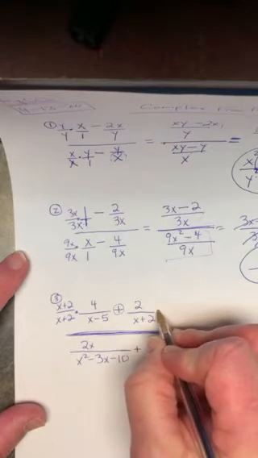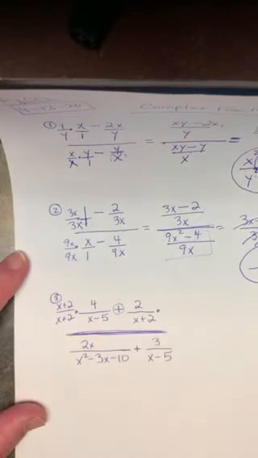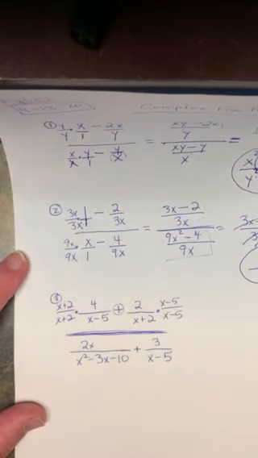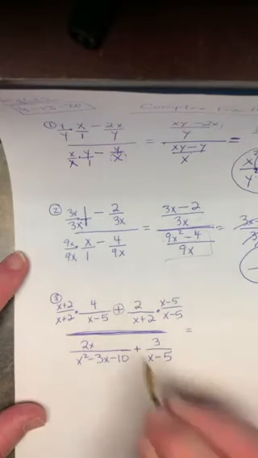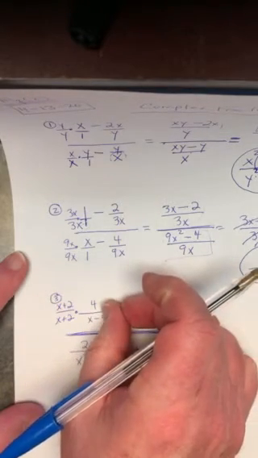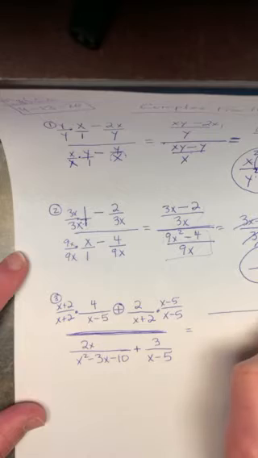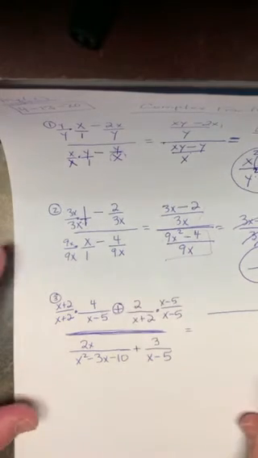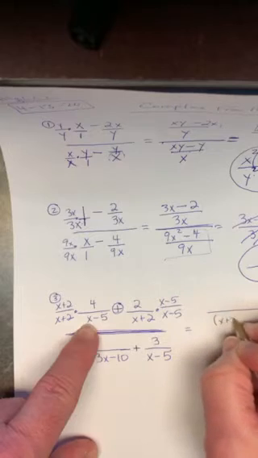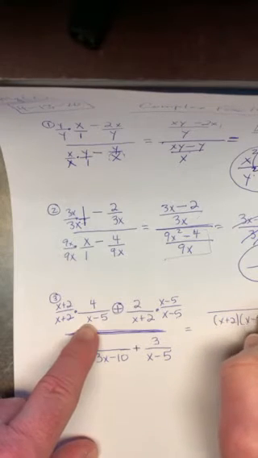And the second fraction I'm going to multiply by the first denominator of x minus 5 over x minus 5. So, when I now add everything together, I'm going to have one fraction whose common denominator, of course, has both of those things, an x plus 2 and an x minus 5.